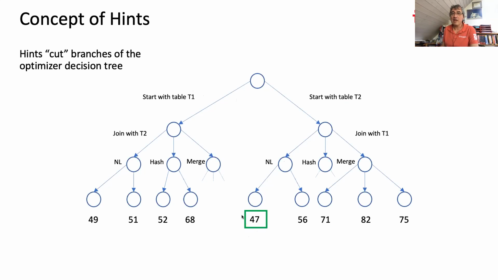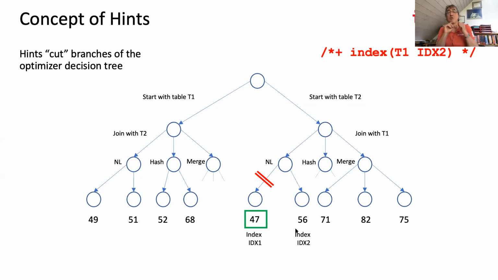And if we say, okay, I don't want you to use this execution plan, I want you to use another index, use index 2 on the table. So we add an index hint and say, on table T1, index 2 has to be used. That means we cut this branch here. That means this index cannot be used. So we expect that this execution plan would be executed.